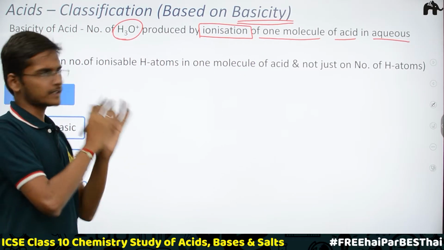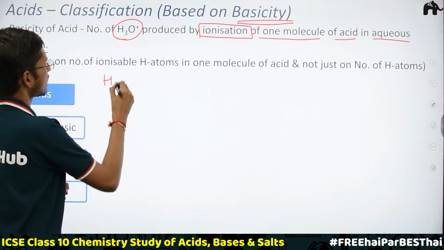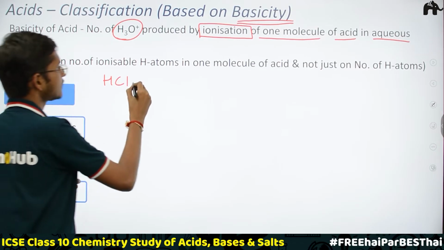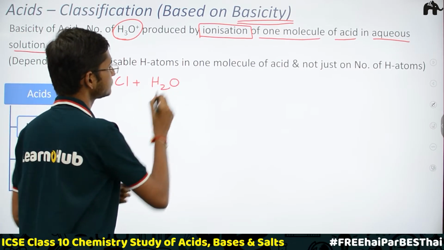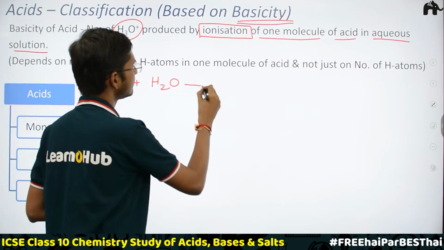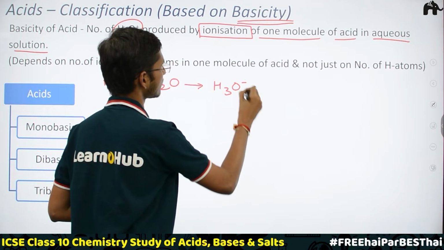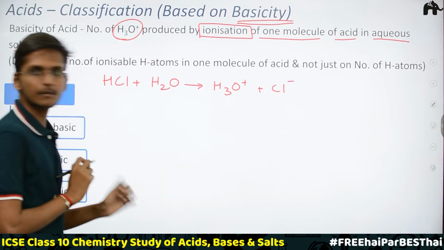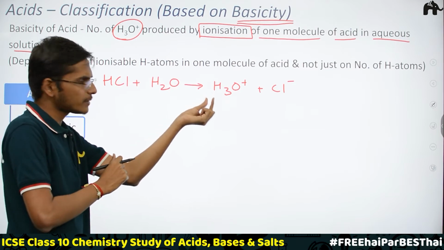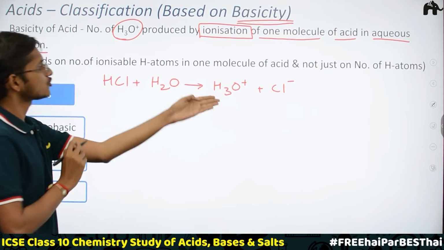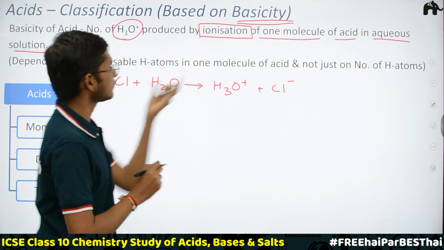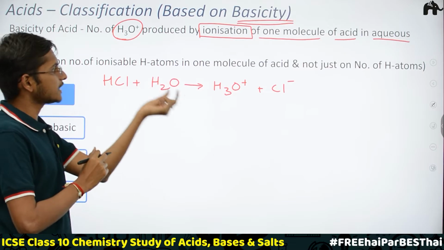Okay, so seems pretty confusing, right? Let's make it simple with the help of example. So here, see, I'm taking HCl. Now this acid, when I'm adding it into water, so I'm making its aqueous solution first of all, right? Now it is giving me hydronium ion and this Cl minus ion, chloride ion. So how many hydronium ion I have got? One, right? The HCl is getting ionized, right?